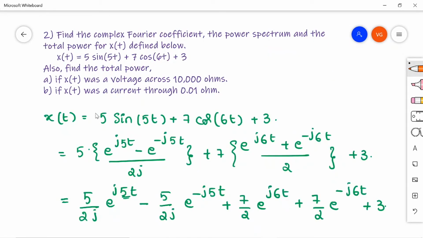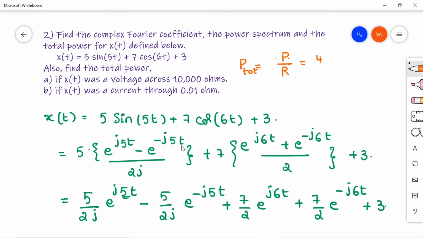The next part of the question is, if x of t was a voltage across a 10,000 ohm resistor, then we have to find out the total power. The given signal is a combination of sine and cosine, so it can be a voltage signal or a current signal. If it is a voltage signal, total power P is given by the power contained in the signal divided by the resistance.